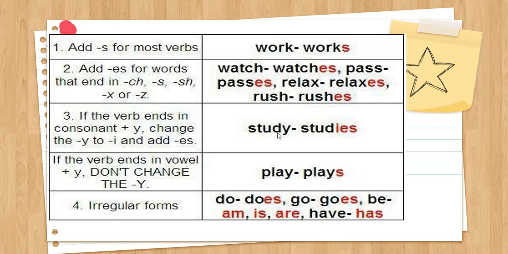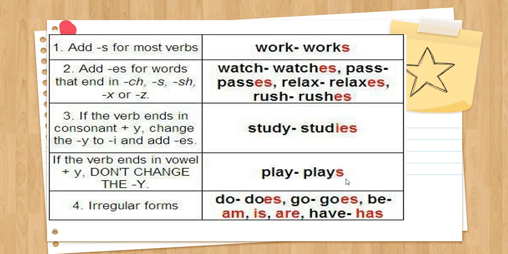So you need to take out the Y and change it for IES. Study, studies. But in this case, you have a vowel before the Y, A. Play. So in that case, when you have this type of verbs, you only need to add an S.